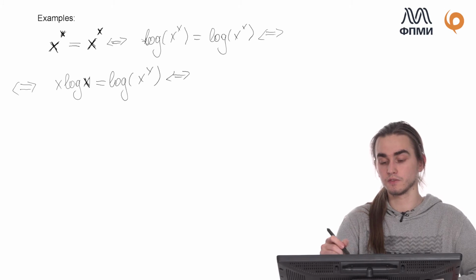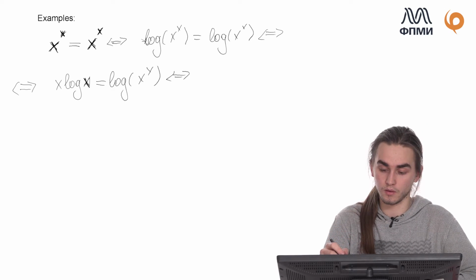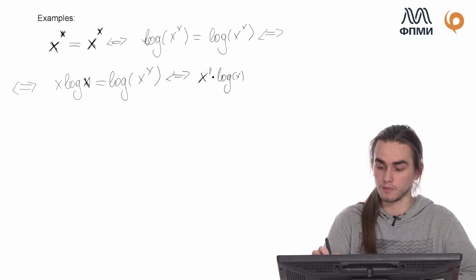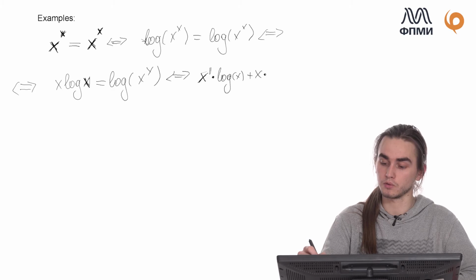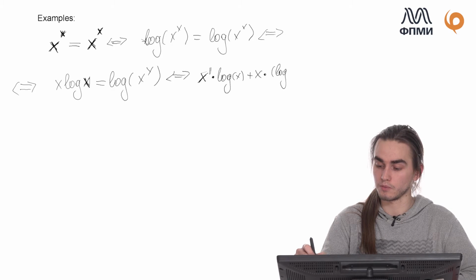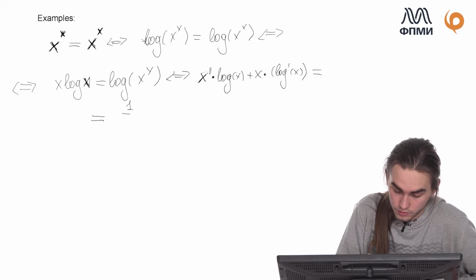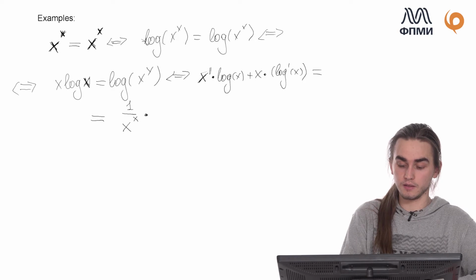Then take a derivative of two parts, left and right, and here you can apply the product rule, and here is x prime product logarithm of x plus x product logarithm prime of x, and it equals, applying chain rule, 1 over x in power of x, and then x in the power of x prime.